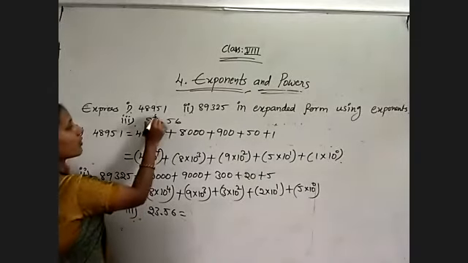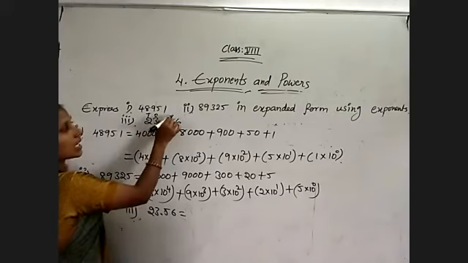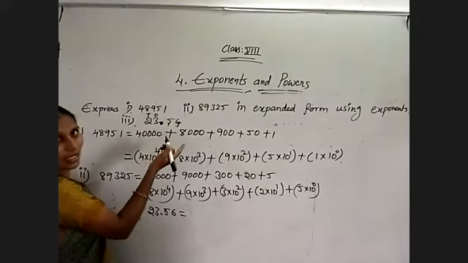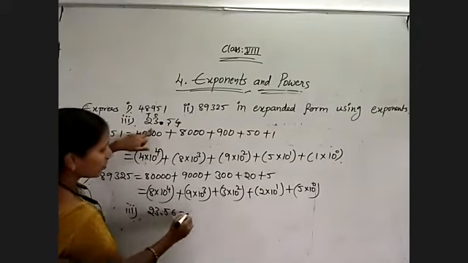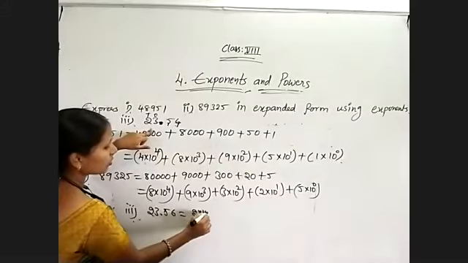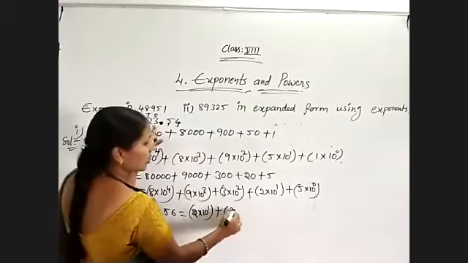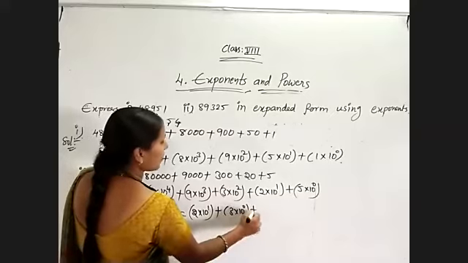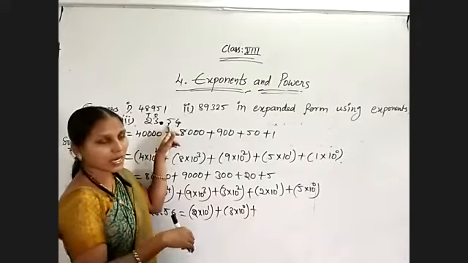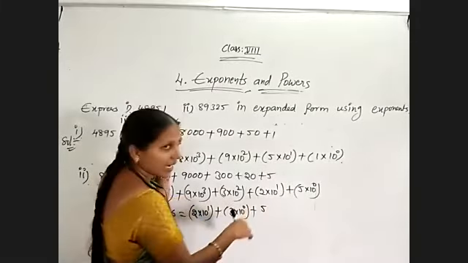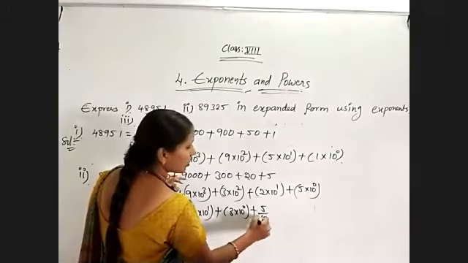So before the point, ones, tens, and after the point, tenths, hundredths. So 2 into 10 power 1, plus 3 into 10 power 0, plus 5 is in the tenths place, that is 5 by 10.